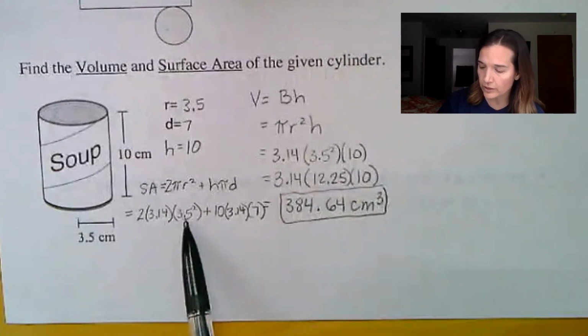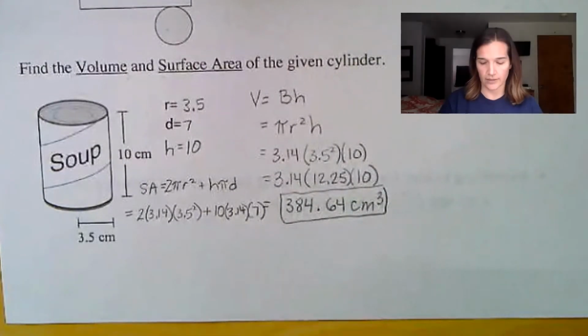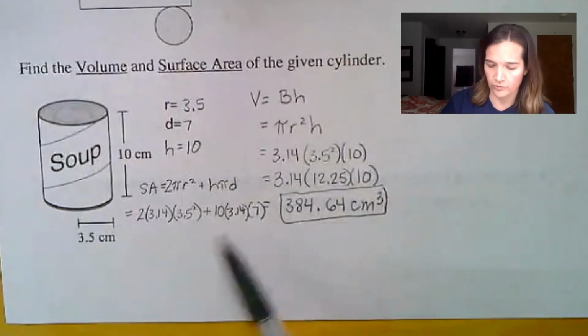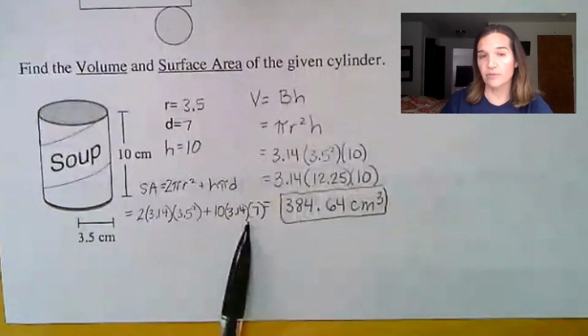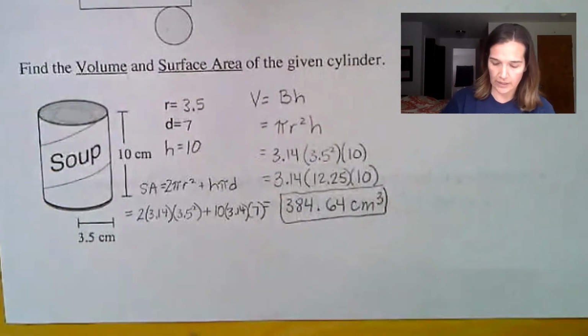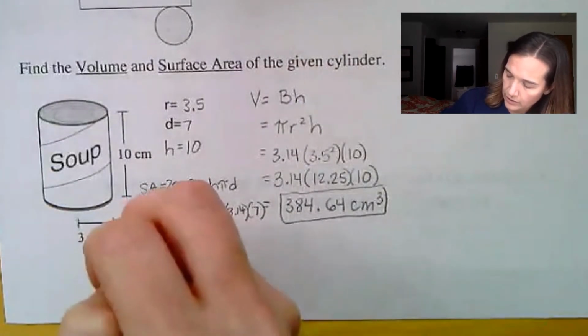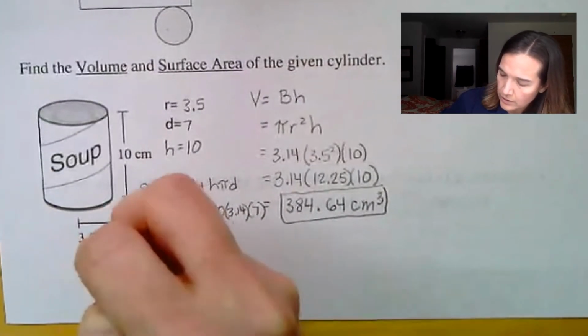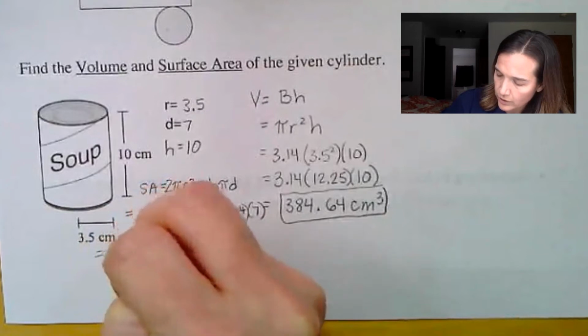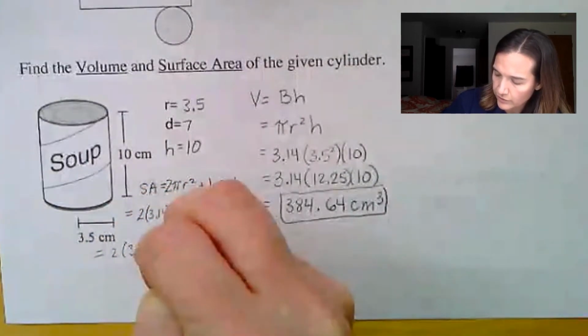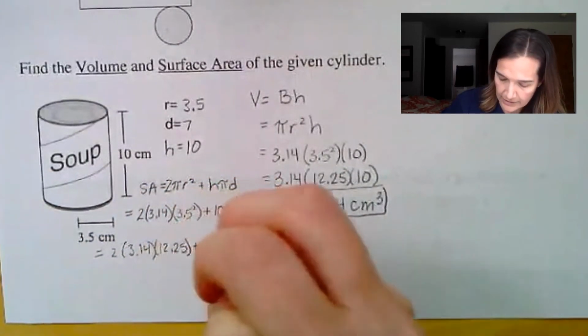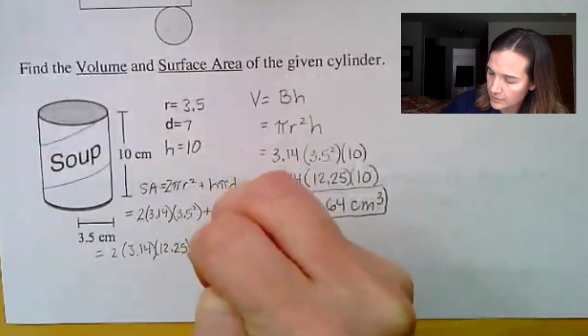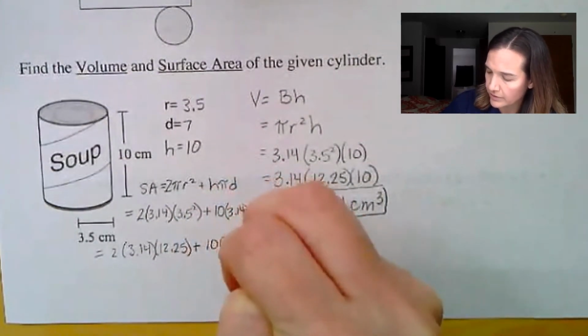Again, I'm going to square this 3.5 first because that's what we need to do. Always do exponents before you multiply, and we're always going to multiply before we add. So in this case, we will end up with 2 times 3.14 times 12.25 plus the 10 times 3.14 times 7.